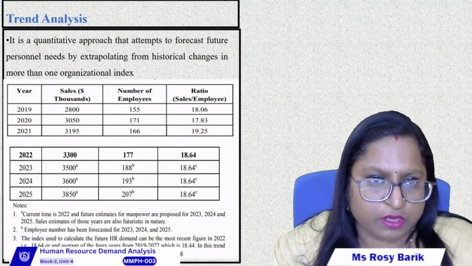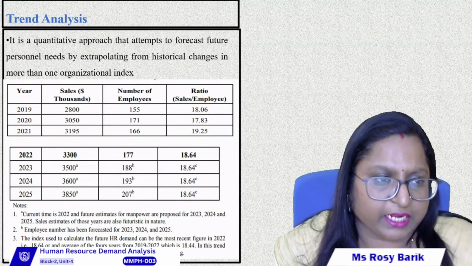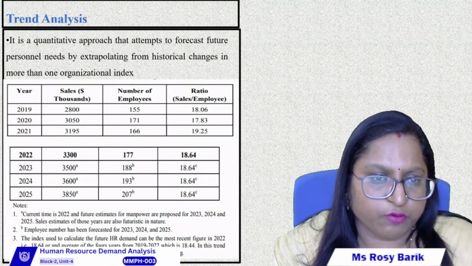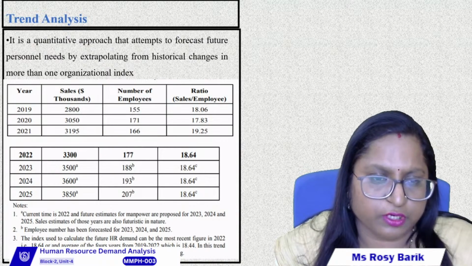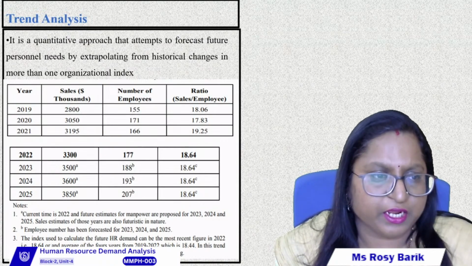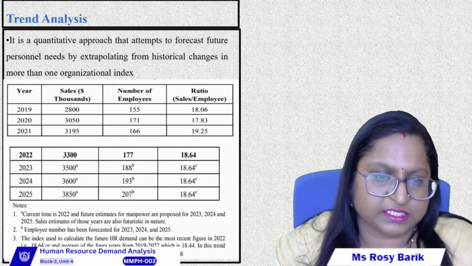Similarly, the ratios of sales and employees: in 2023 the ratio will be 18.64, 2024 the ratio will be 18.64, and similarly 2025 the ratio will be 18.64.